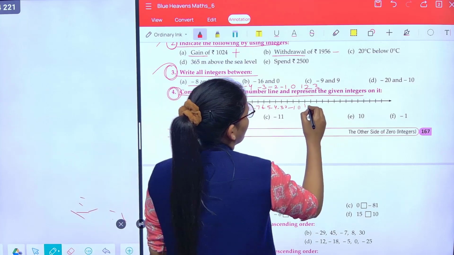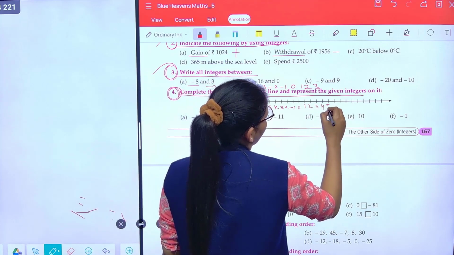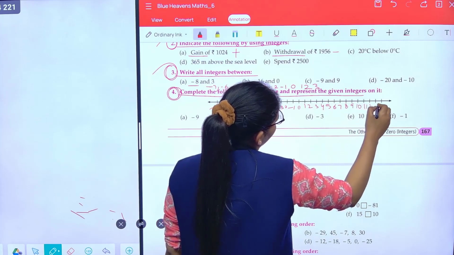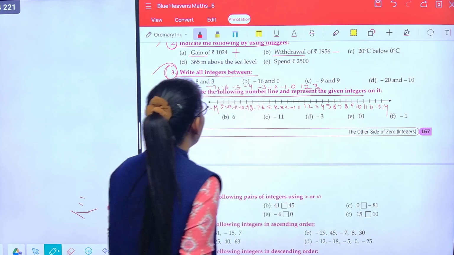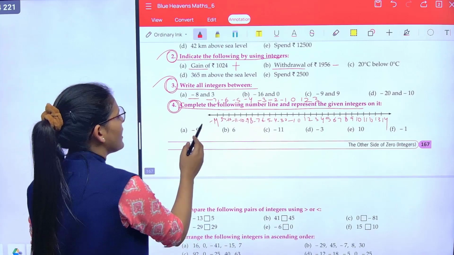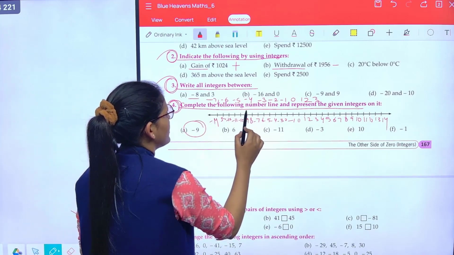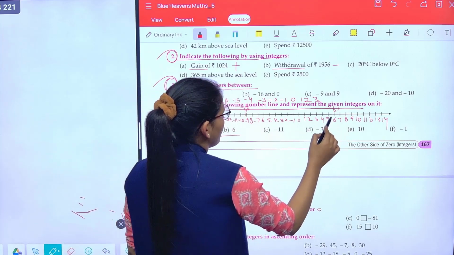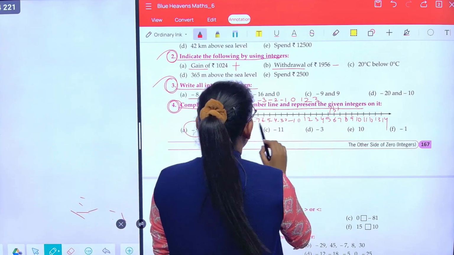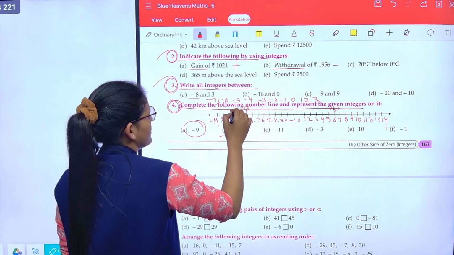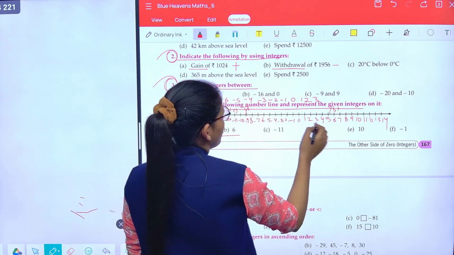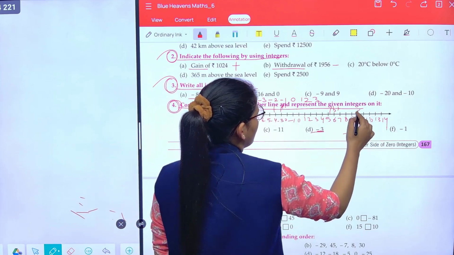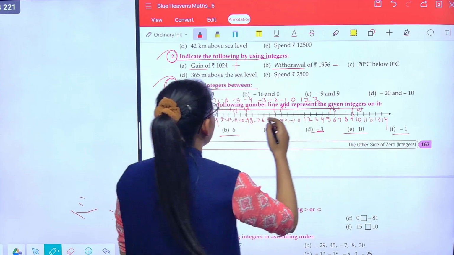Now -9, where is it? Here it is. Now it is A. Now 6 is B. Now -11 is C. Now -3 is D. Now 10 is E. And F is -1.